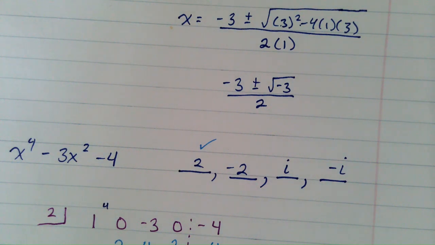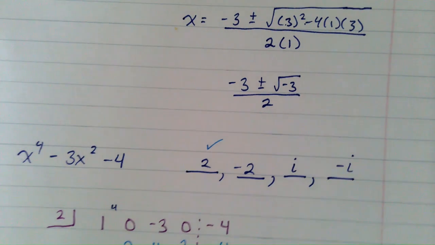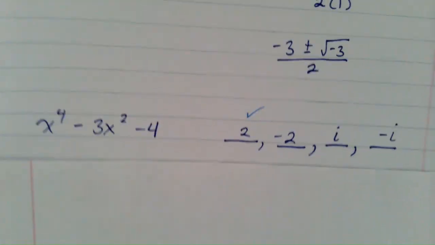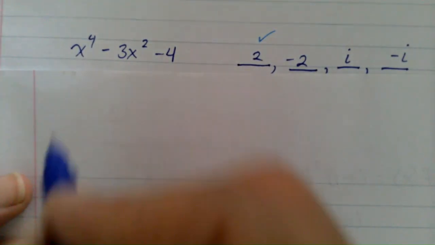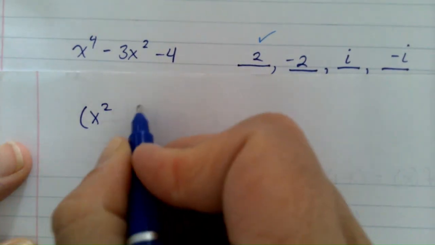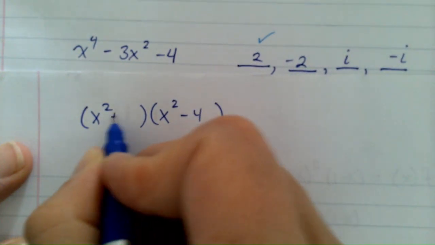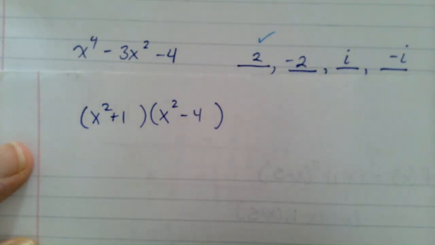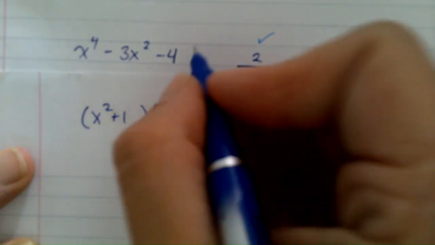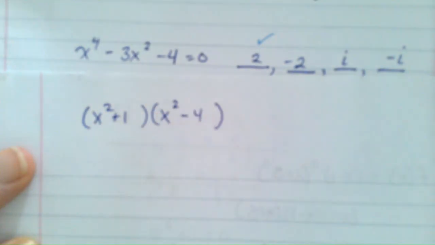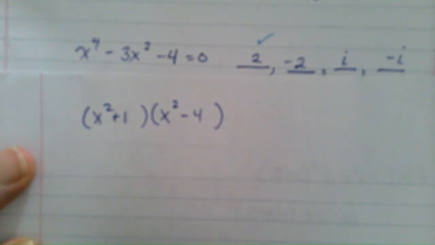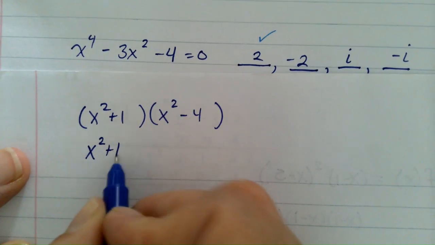I could have done that with factoring as well. I could have said, hey, x squared minus 4 and x squared plus 1. And then I could have applied the zero product property to both, which I should have written equals 0 the whole time. My mistake there. Set each factor equal to 0.